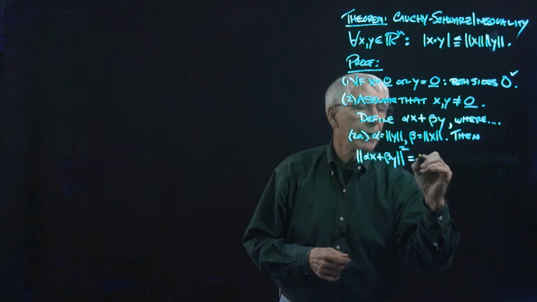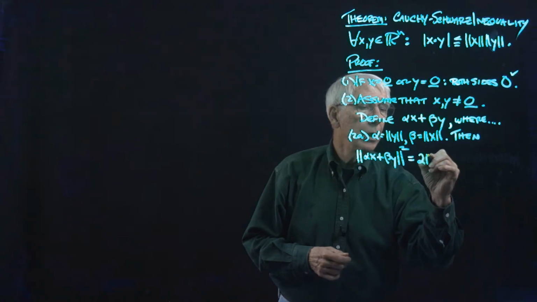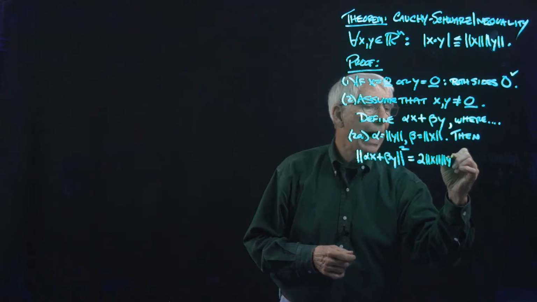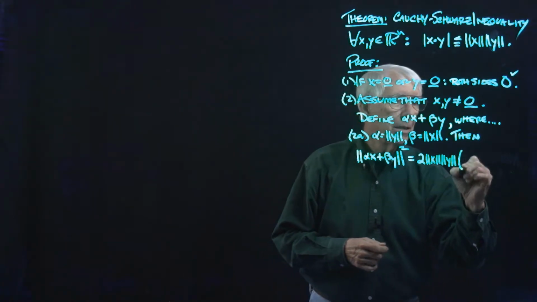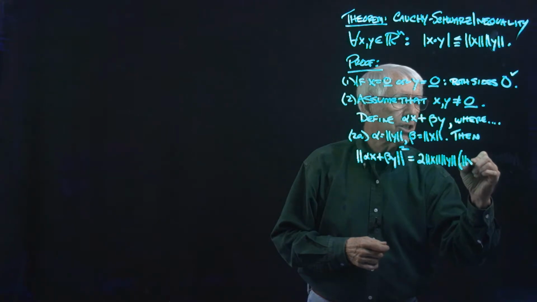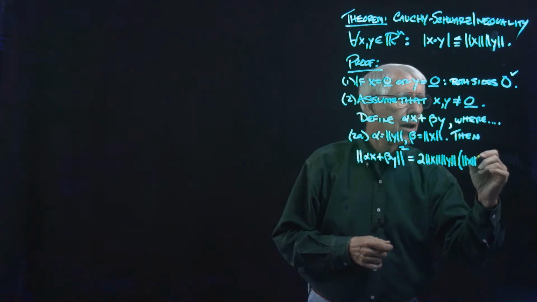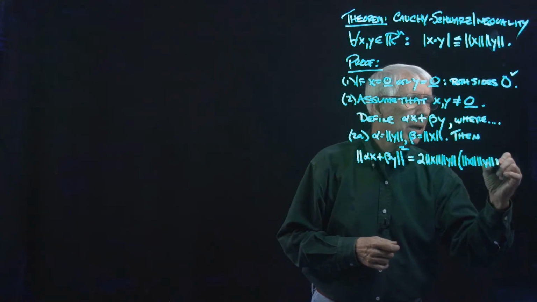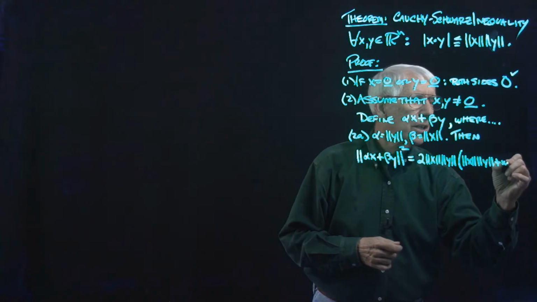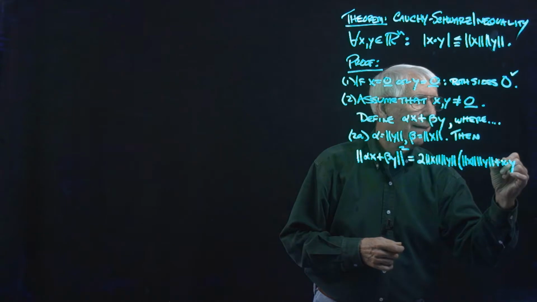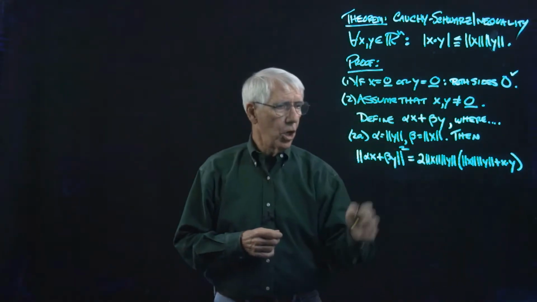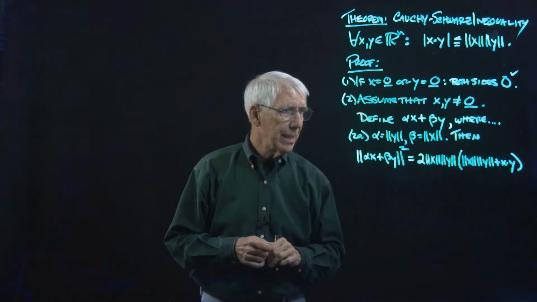So we have here 2 norm of x, norm of y, norm x, norm y, plus x dot y. Okay, so you do the arithmetic, you will get this.